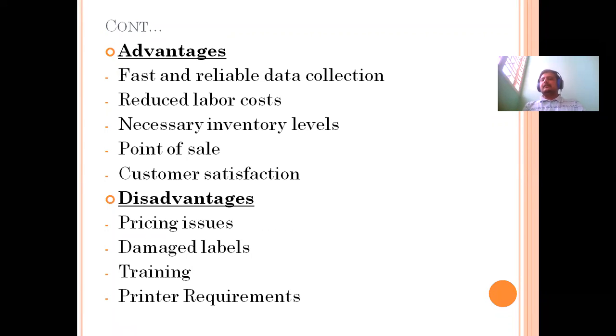Reliable data collection, and the cost of labor for labeling any kind of price or fixing the quantity, can be very easily predicted, because the volume of that particular product available in the store can be read very easily.